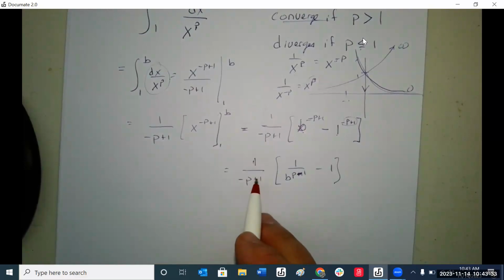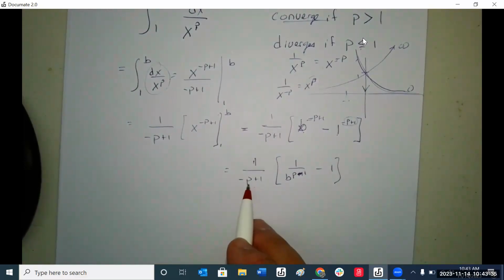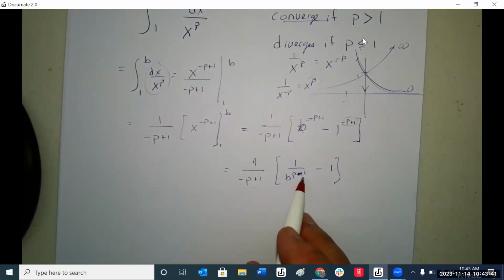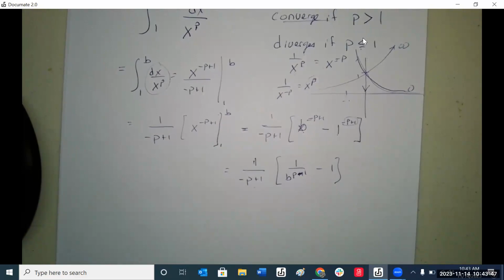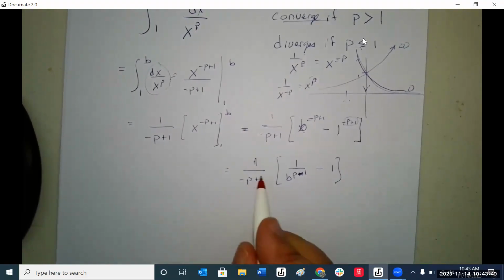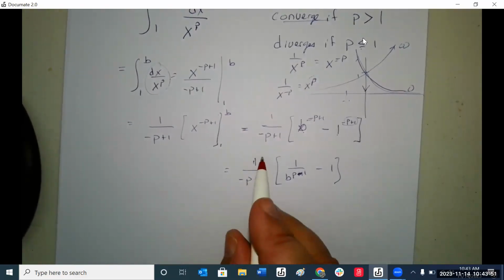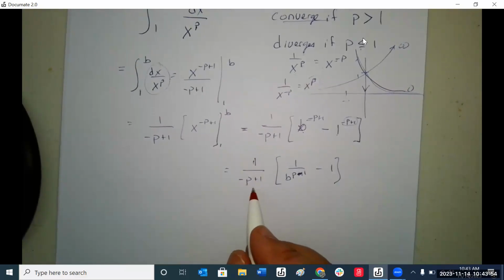So as p gets larger, this will go to 0, and this goes to 0 as well.